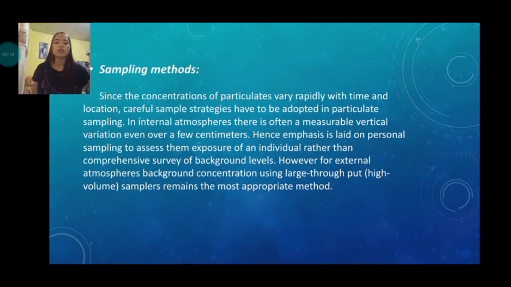However, for external atmospheres background concentration, using large throughput or high volume samplers remains the most appropriate method. Because particle concentrations change rapidly with time and location, proper sampling procedures must be used. There is frequently observable vertical fluctuation in interior atmospheres, even across a few millimeters.